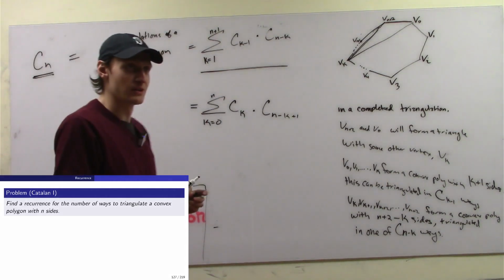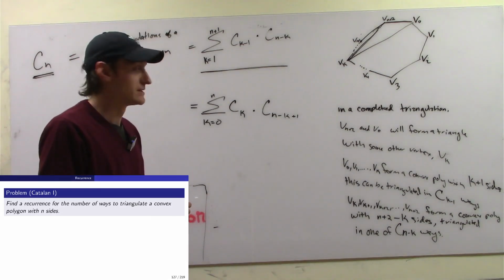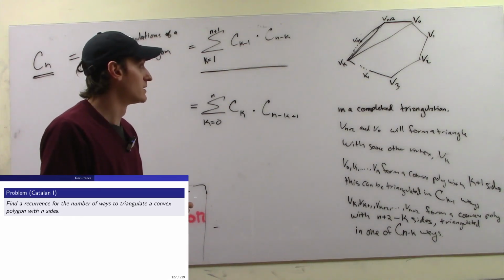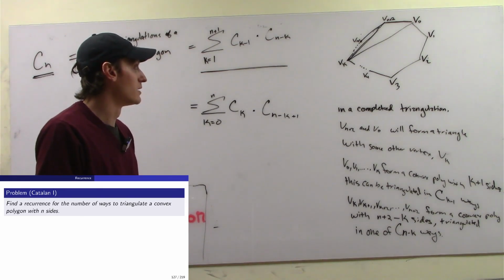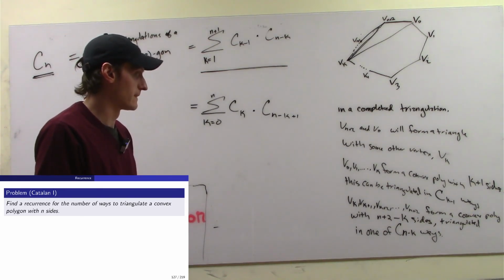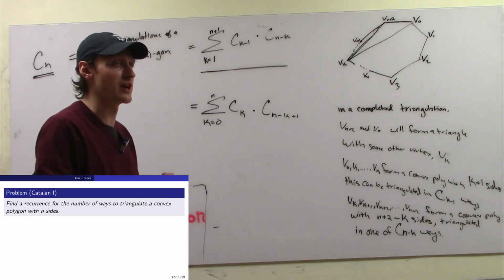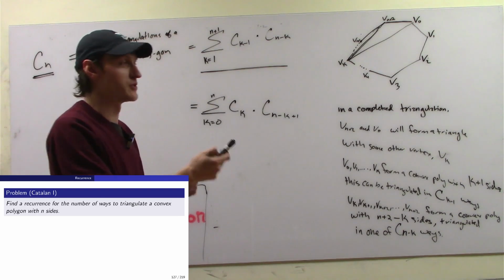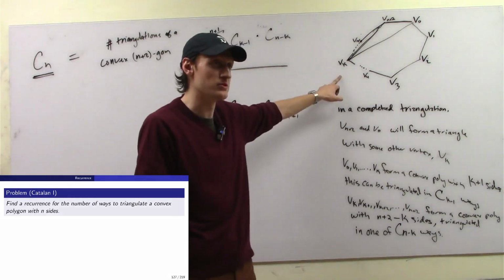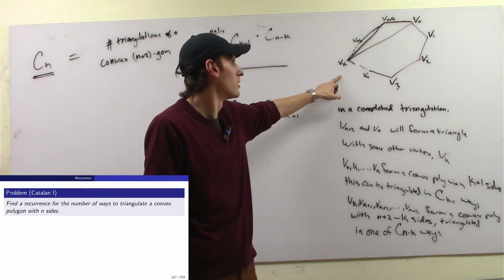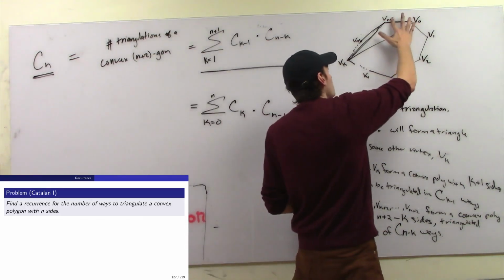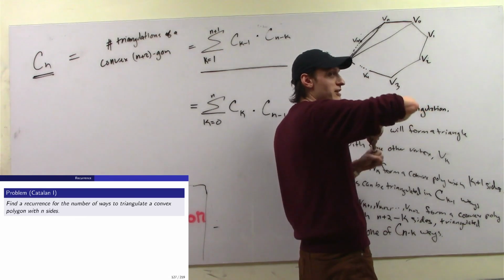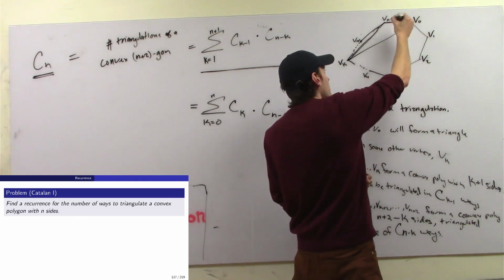Mark insists that your vertex numbering is off and that your polygon has n plus 3 sides. Instead of probably, you wanted n plus 2, am I right? My polygon should have n plus 2 sides. The slide is off. So the slide is wrong. Okay, if you start at V0, then it has n plus 3. Oh yeah, okay, so this should be n plus 1, shouldn't it? Okay, that's what's going on. I have n plus 2 vertices, yes.